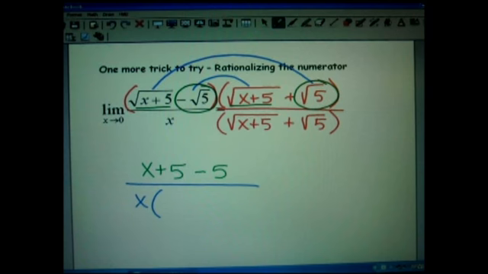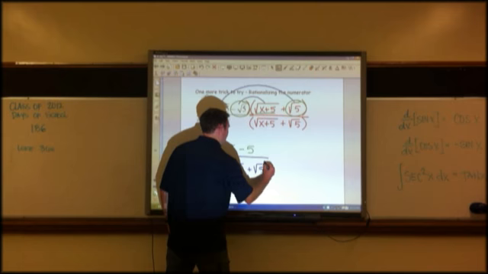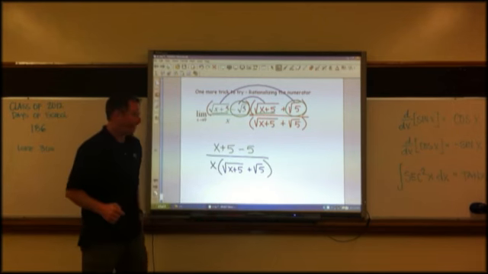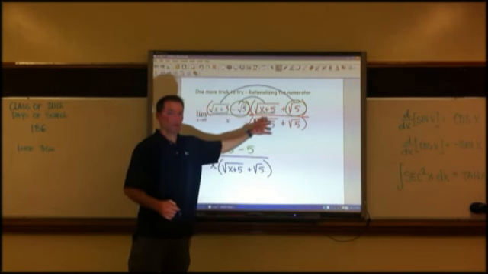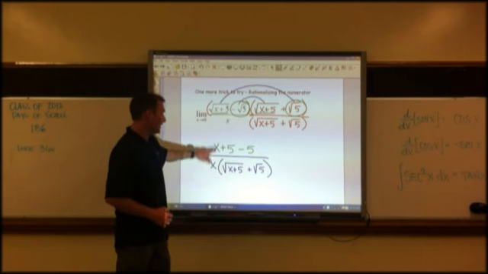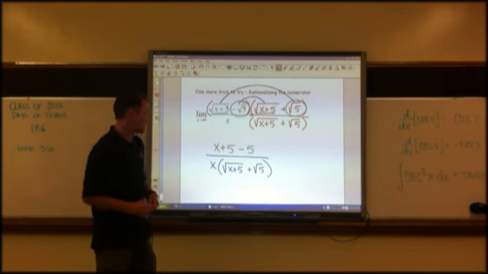And then the denominator, I'm not even going to multiply it out. One little hint I'll offer you, don't be in too much of a rush to FOIL or distribute or do anything to this bottom part, because you'll find out quite often that we get some canceling going on here.